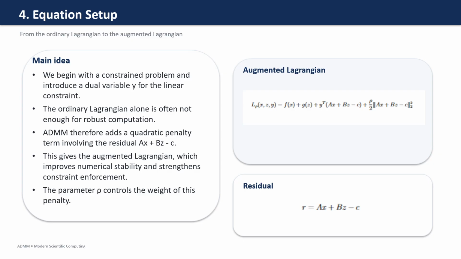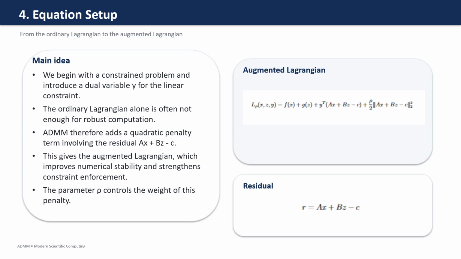The term y transpose (Ax plus Bz minus c) penalizes any violations of the constraint through the dual variable y. However, in the algorithm, an ordinary Lagrangian by itself is not always numerically robust, especially for large-scale iterative algorithms.